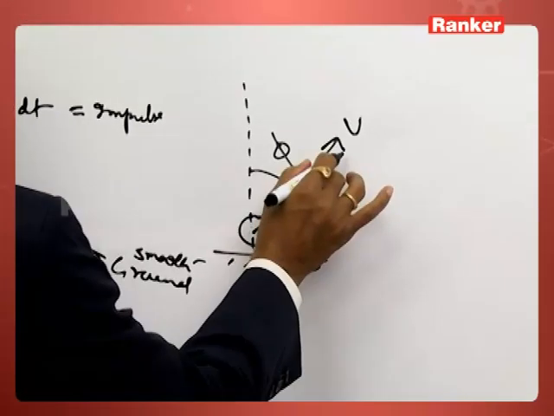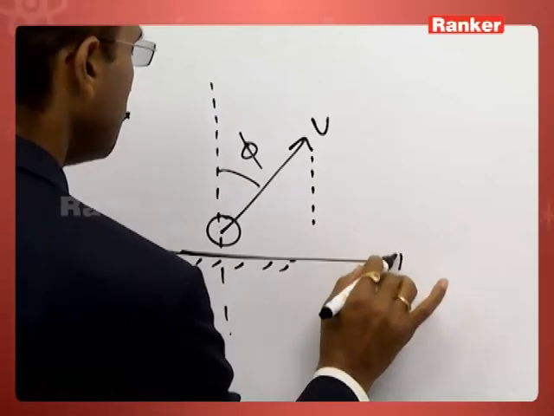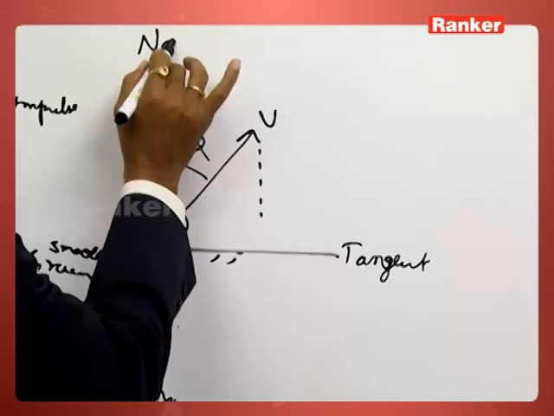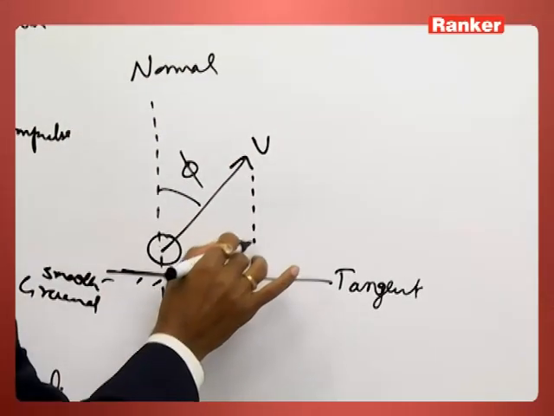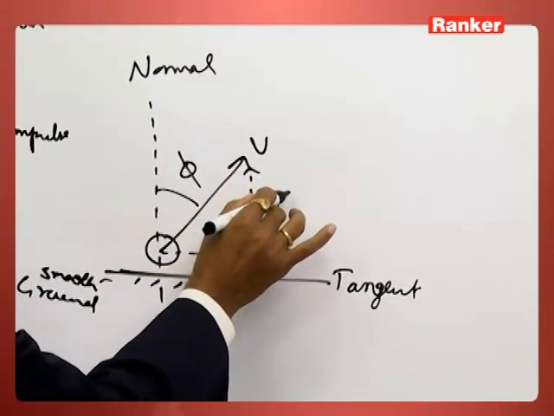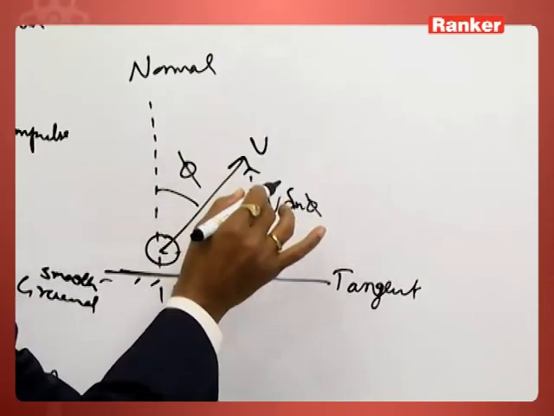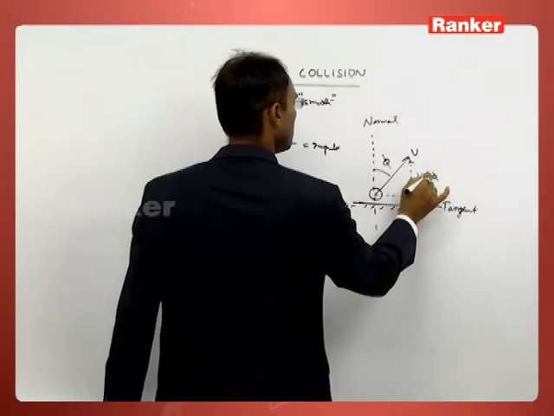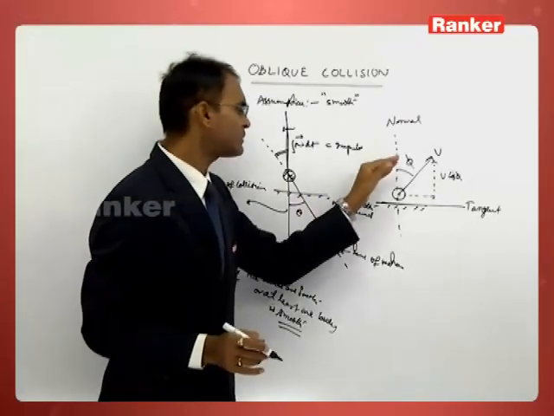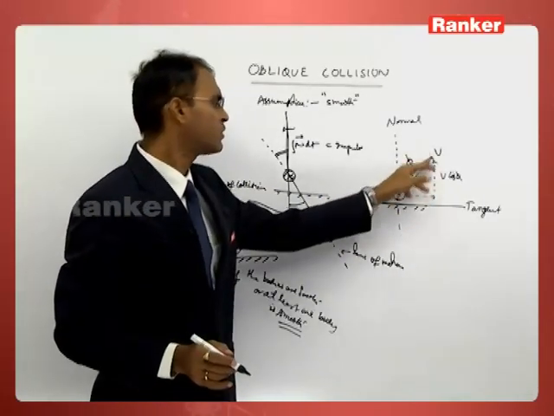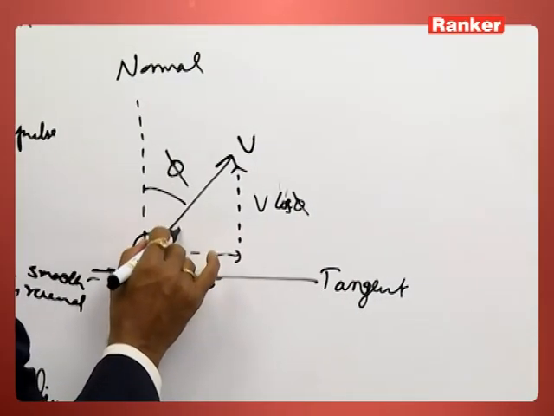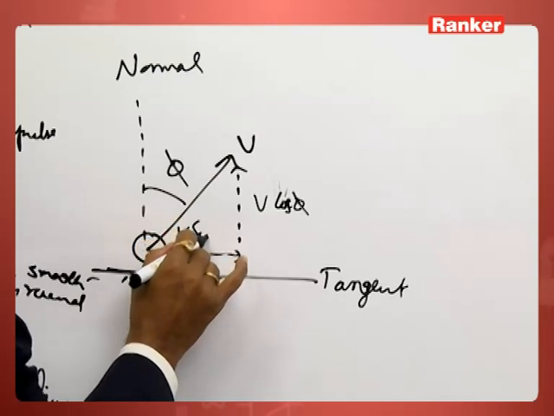Resolve the velocity along the tangent and along the normal. Along the normal, the velocity component is v cos phi, because you have taken phi with respect to the normal. If you take phi with respect to the horizontal, this will be v sin theta. And the tangential component of the velocity will be v sin phi.